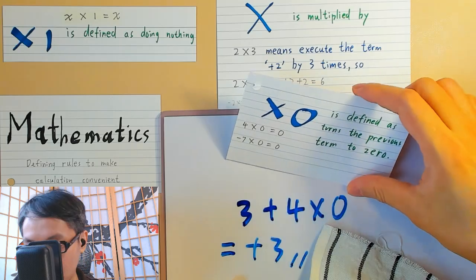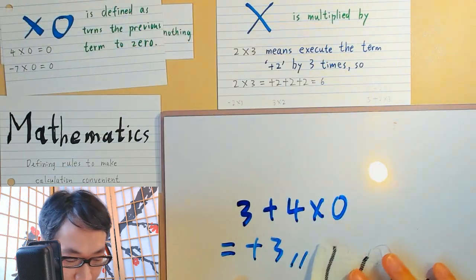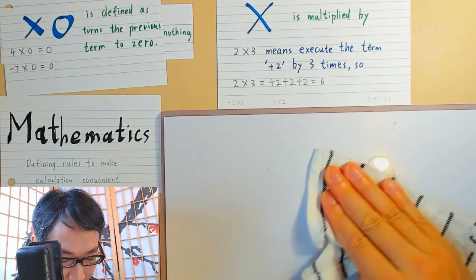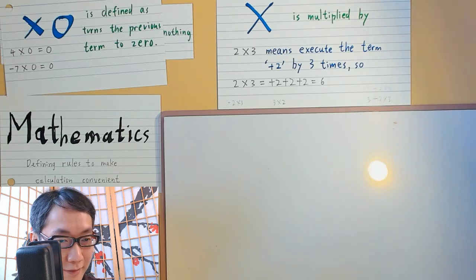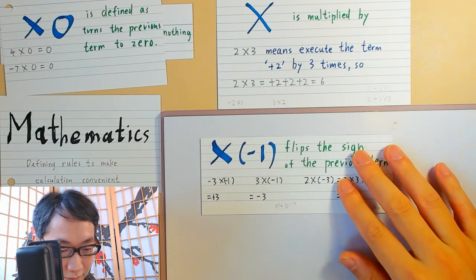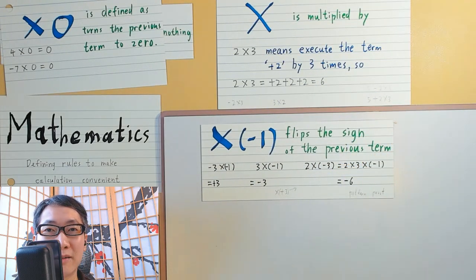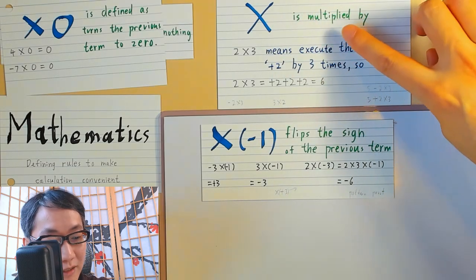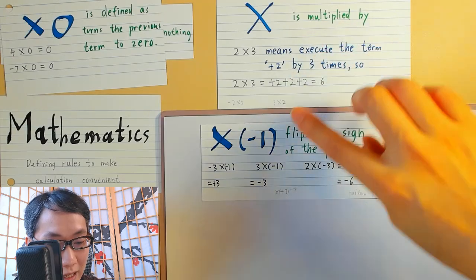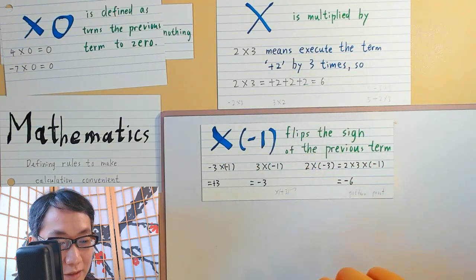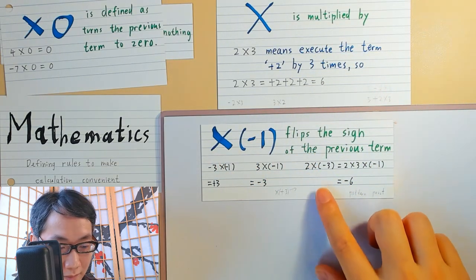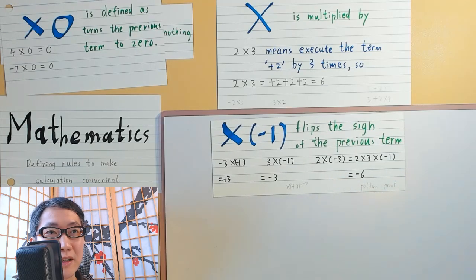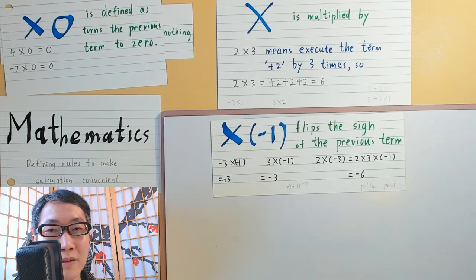And the next one. What does multiplying by a negative number mean then? If multiply means execute the term by the times after the symbol, then it is defined as reversing the sign of the previous term.